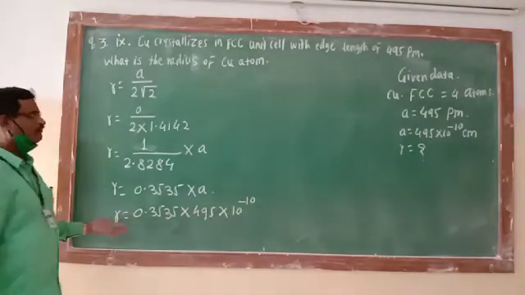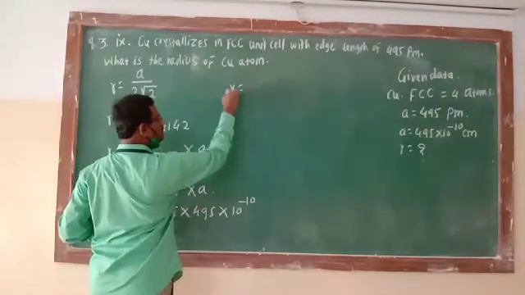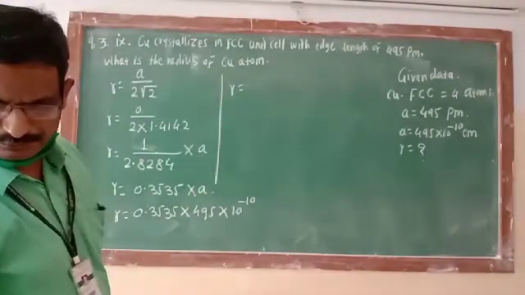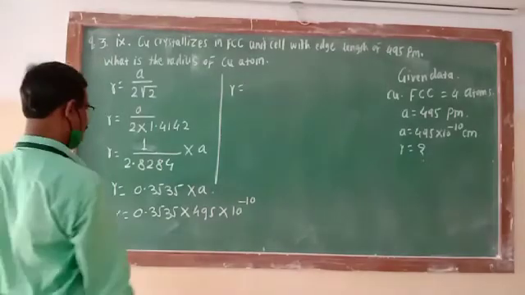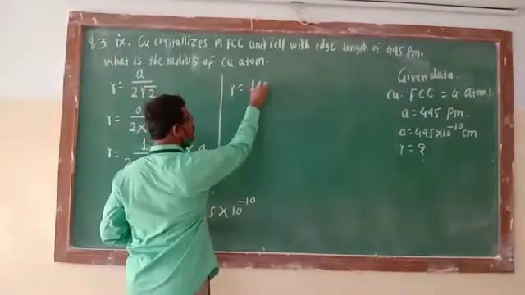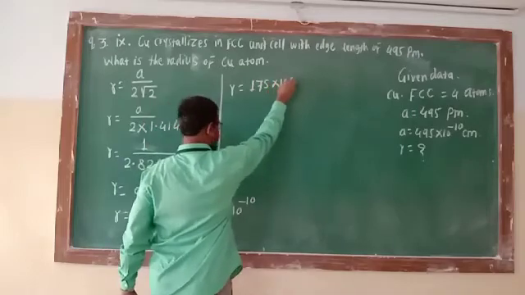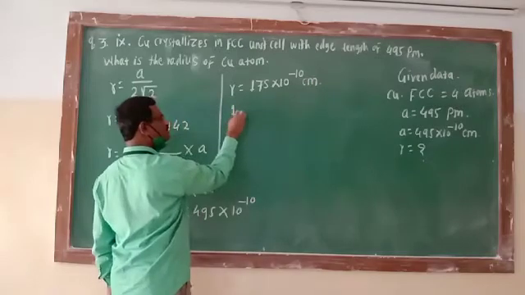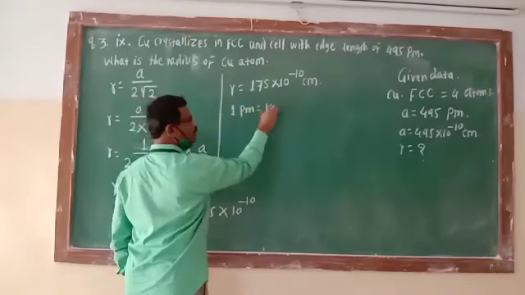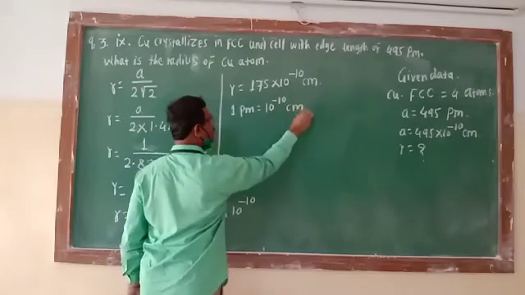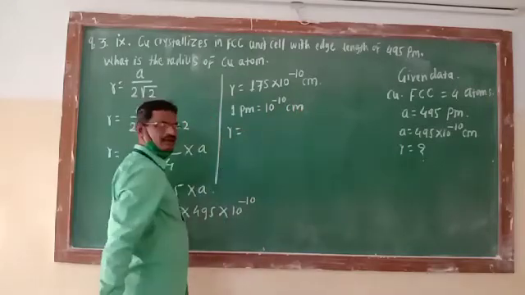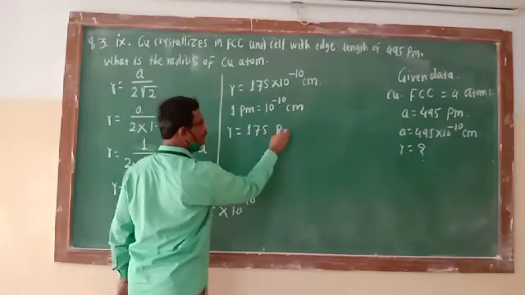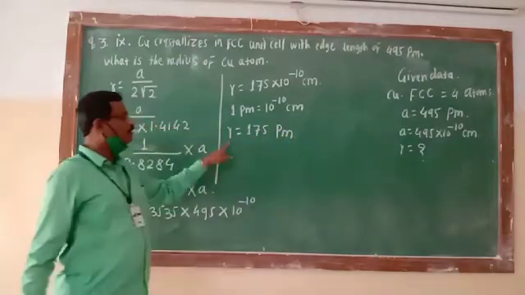We will get the final answer for radius r, and that comes equal to 175 into 10 raised to minus 10 centimeter. Since 1 picometer is equal to 10 raised to minus 10 centimeter, therefore the radius in picometer will be equal to 175 picometer. This is how the problem is solved.